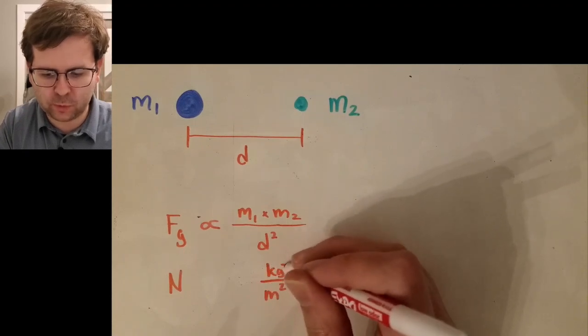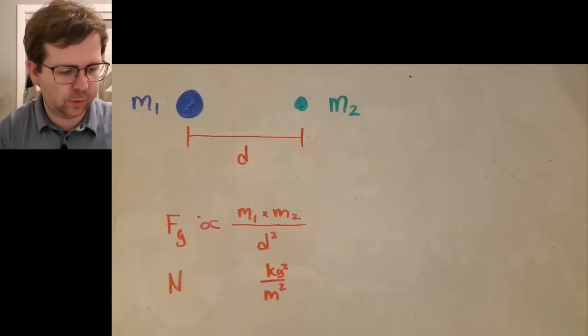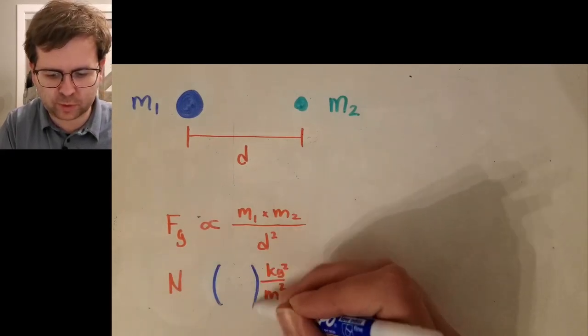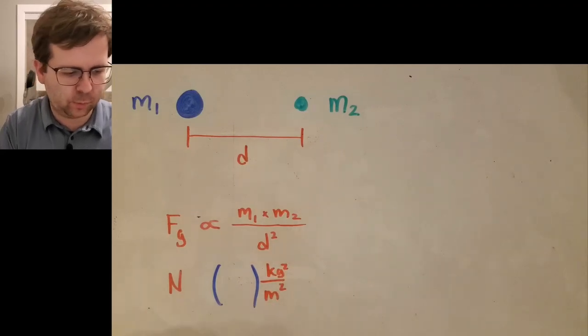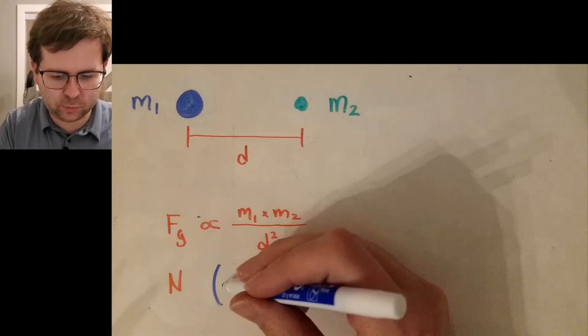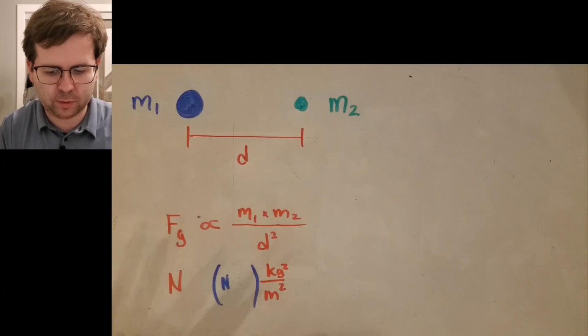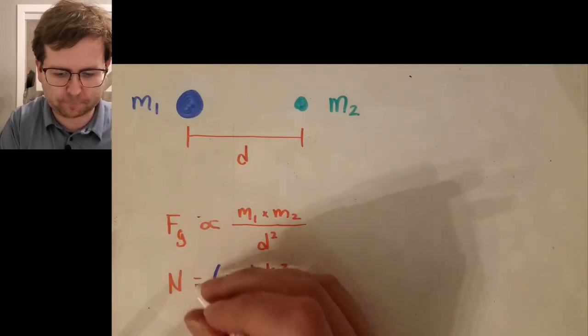So we want units of newtons. That means we need to introduce some kind of conversion factor here that would give us units of newtons, so that we could have an equal sign between these two quantities here.